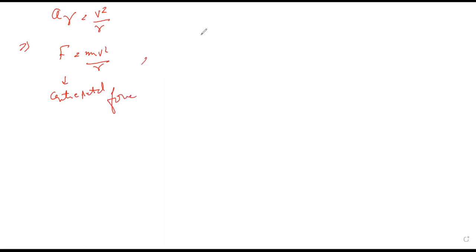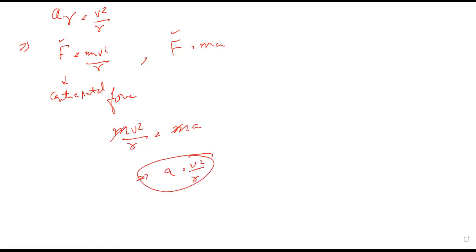And we also know that F is equal to ma from Newton's law. If we compare these two equations, mv square over r is equal to ma. So we can simply have a equal to v square over r. But how can we derive this from considering the velocity?